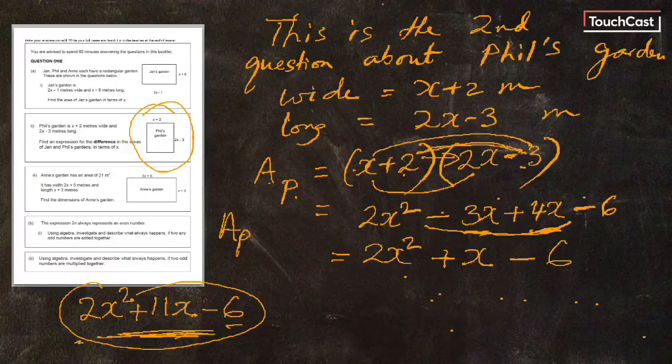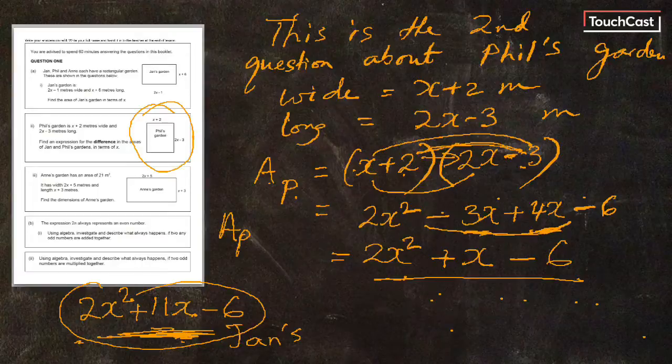Yes, so that's the area of Jan's garden. This is the area of Phil's garden, and the question says the difference of these two.